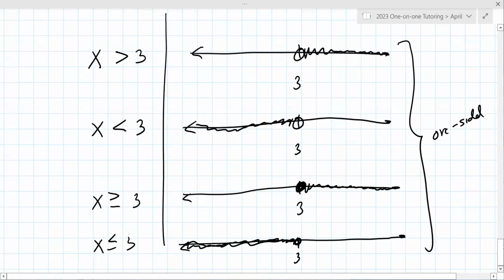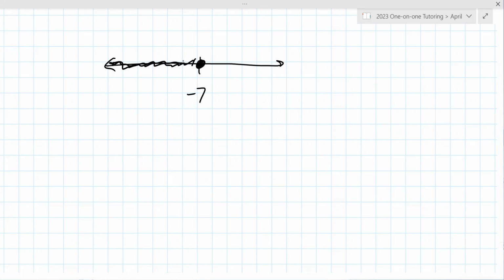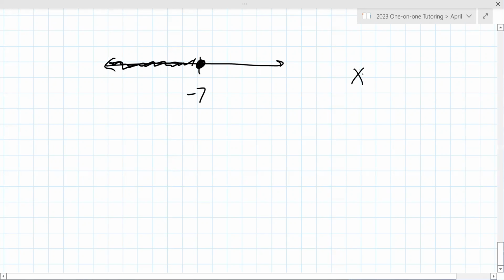Okay, I'm going to give you a graph here, and I want you to give me the inequality. You want me to give you the inequality of -7 or that line? No, I'm giving you the line. I'm asking what goes here, in whichever notation they want. These are the four options.